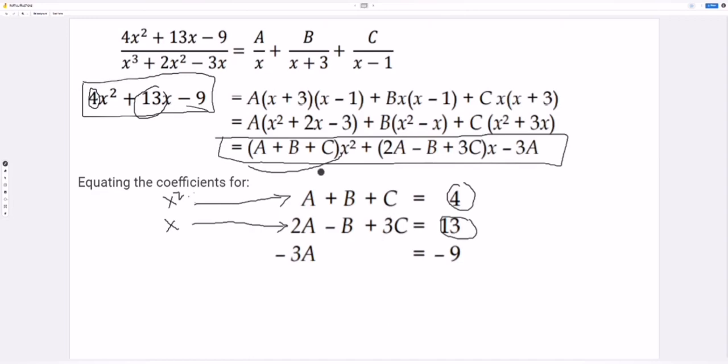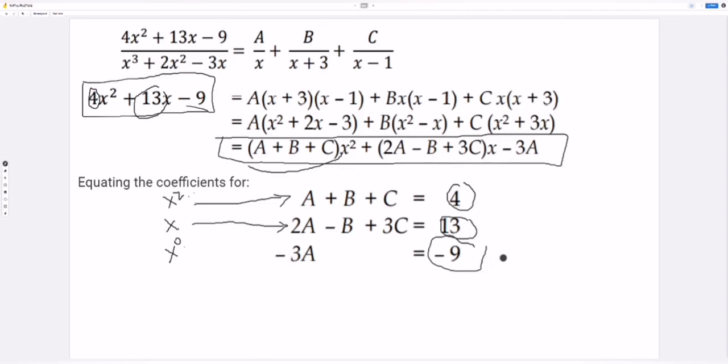Then the last one is for the constant. Let's assume that the constant is x raised to 0, as the subscript for the constant. So let's equate the coefficients for the constant. On the left side we have only negative 9, and on the right side we have only negative 3a.